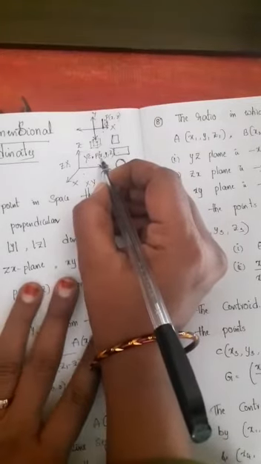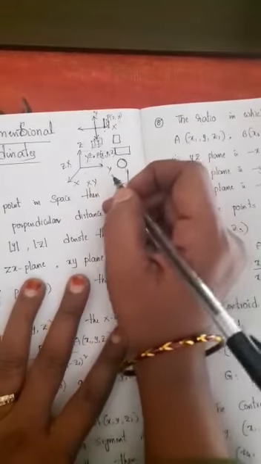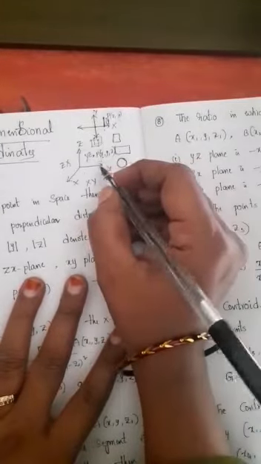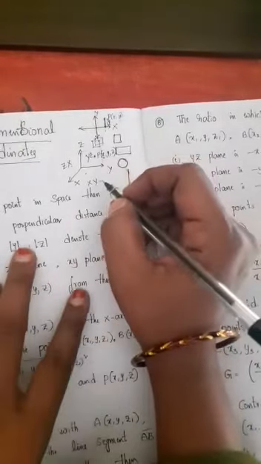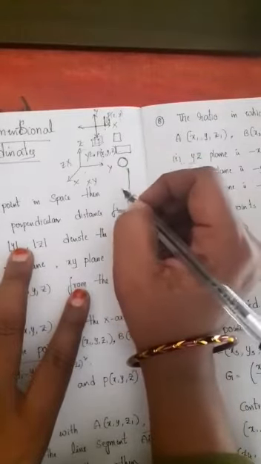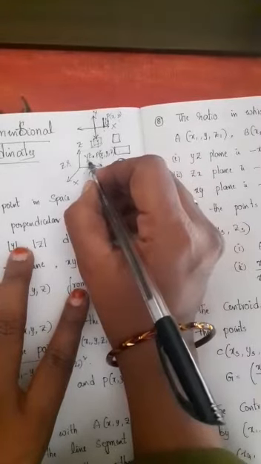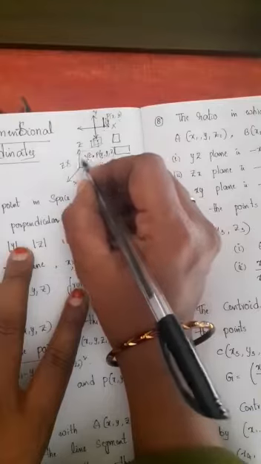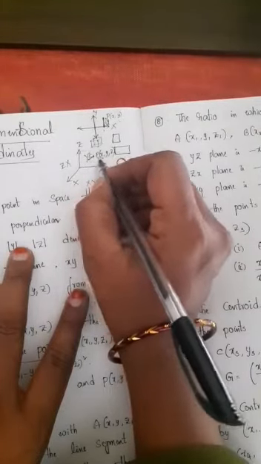Why mod x? Length is always considered positive, right? Mod x is the perpendicular distance from the yz plane, so from this plane to this point we will have x units distance.